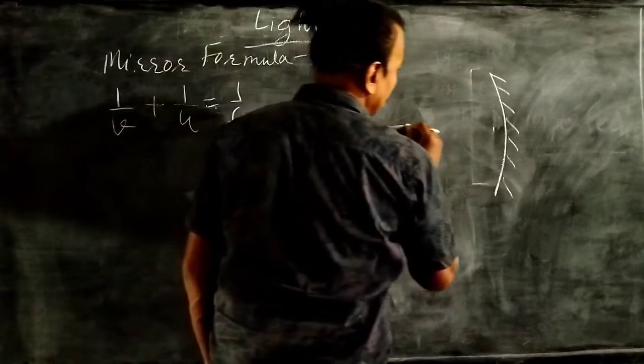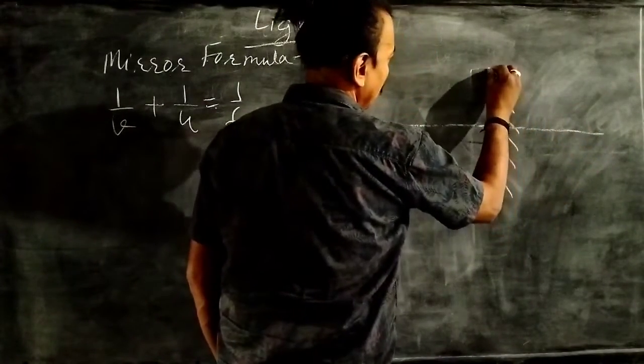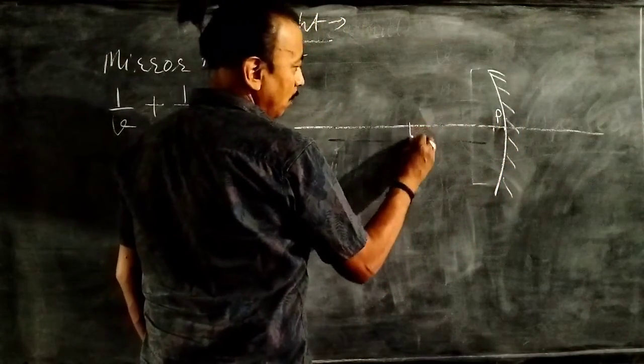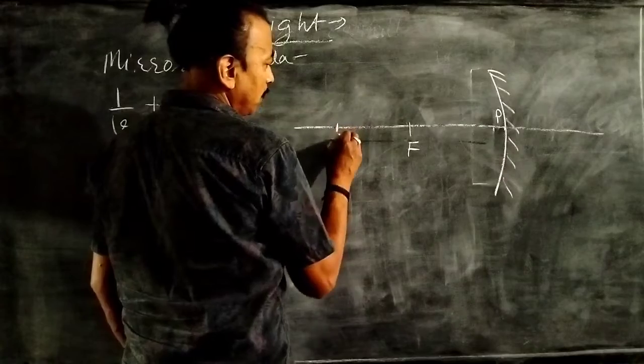Suppose this is a concave mirror, and it is its pole, focus, center of curvature.